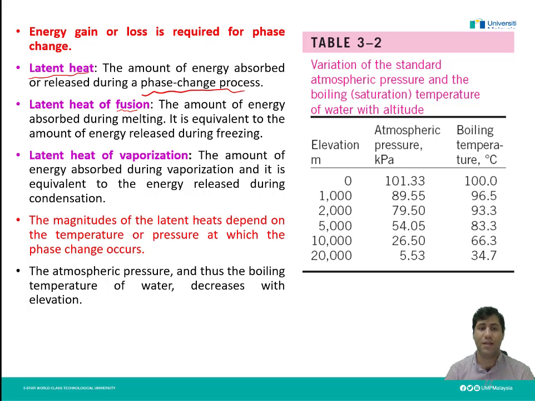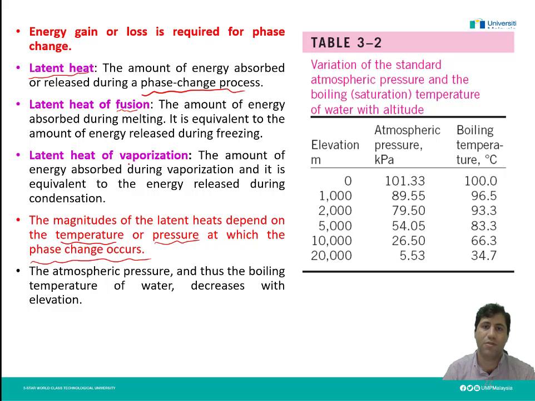The magnitudes of latent heats depend on the temperature or pressure at which the phase change occurs. Again, latent heat means the energy which is required for the phase change.